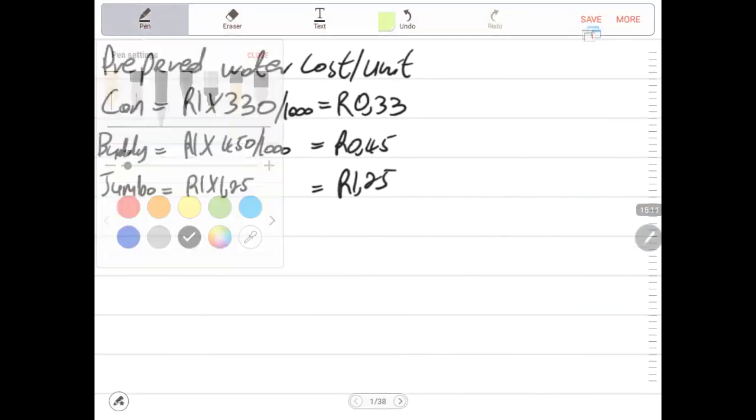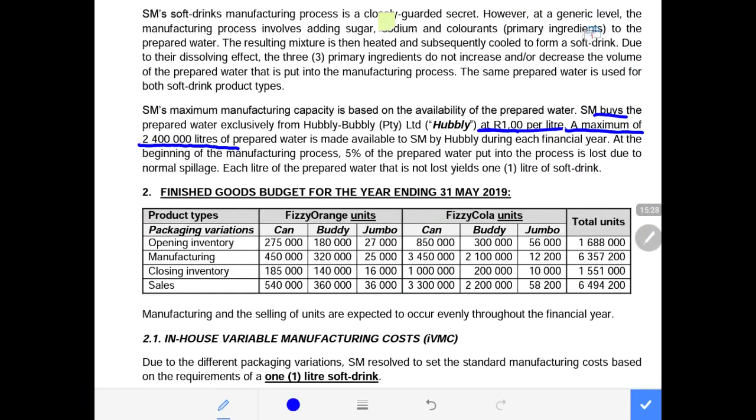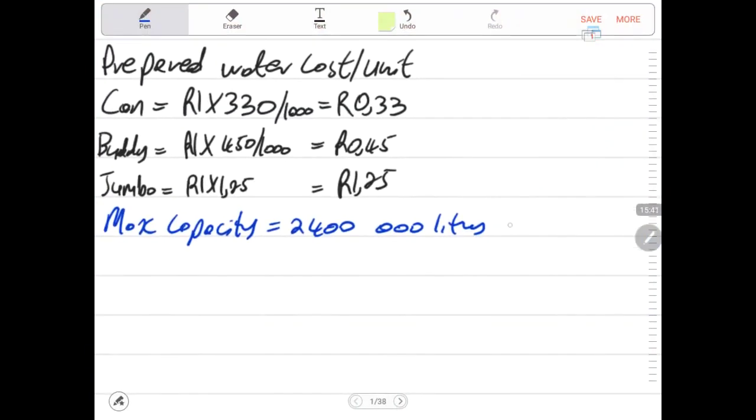This maximum capacity per annum is equal to 2,400,000 liters of water. Maybe there might be a loss that takes place along the way, we don't know. And it says 5% of the prepared water put into the process is lost due to the normal loss. So now this is maximum capacity before loss.